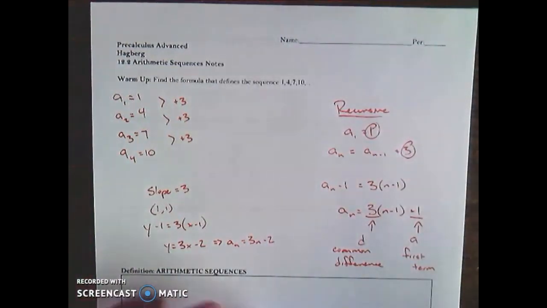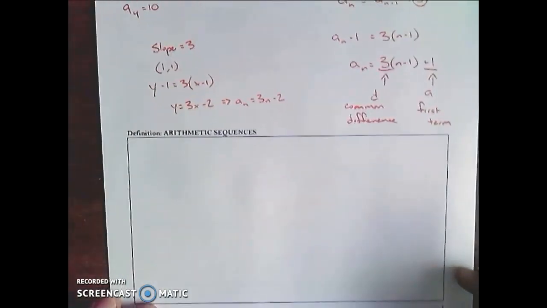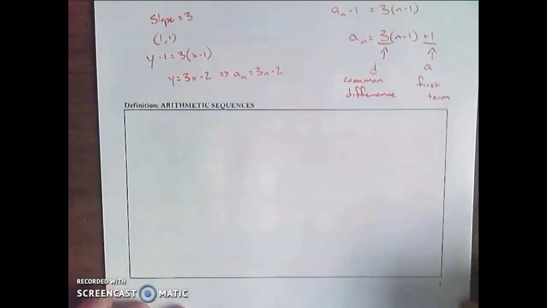An arithmetic sequence is a sequence where with each consecutive term, we've got an additive rate of change. We can think of these as increasing linearly. So let's give a formal definition.